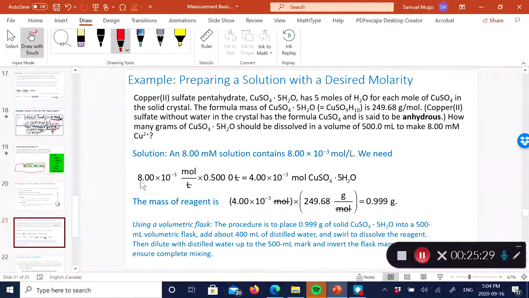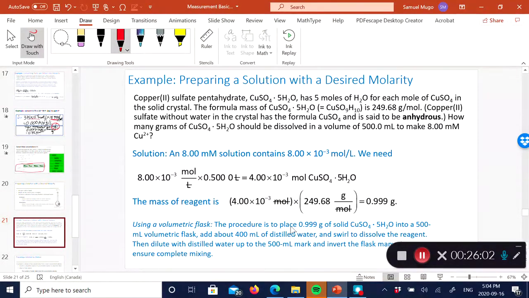So remember what you need to do: take the 8 millimolar and convert it into moles per liter. That's why I'm dividing by 1,000 there, to get moles per liter. Multiply that by the volume so that you get the number of moles that you need. Then multiply that by the molar mass of the salt, which is given there, and you get the mass that you need to weigh.